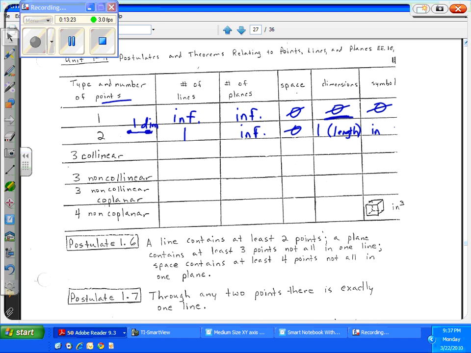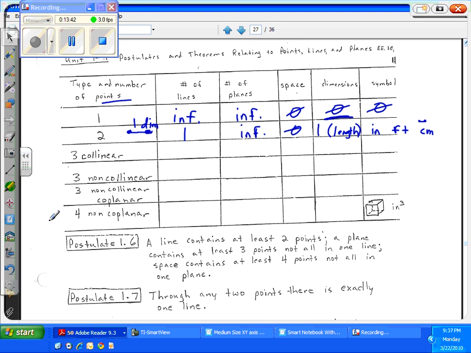If it was in inches, we would say inches to the first power, or feet to the first power, or centimeters to the first power. And we would have just a 1-dimensional object, and the first power is understood.